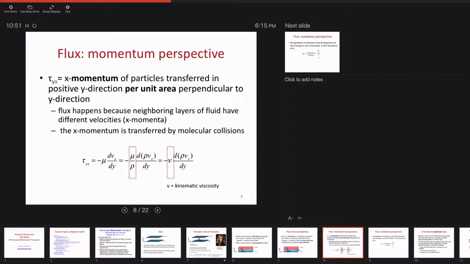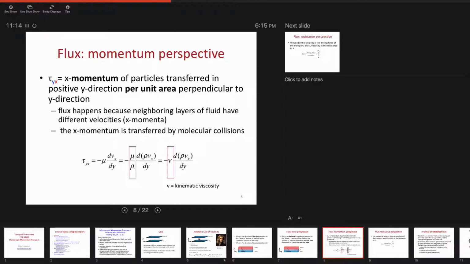All right. So again, I explained this already, the momentum perspective. And the force perspective is helpful from what we observe or feel on a larger scale or in the lab.